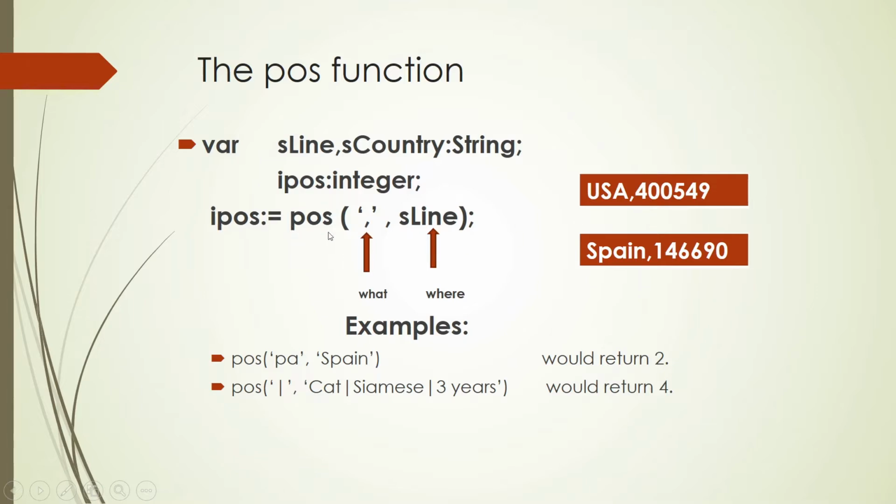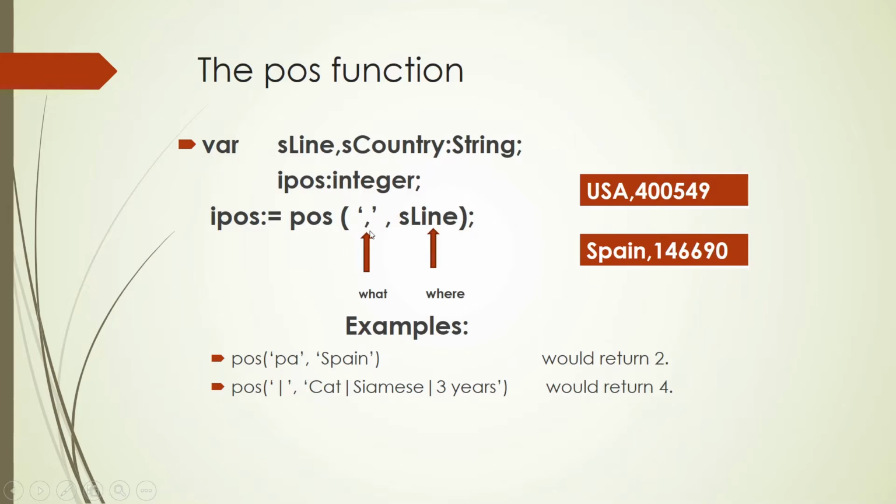So using pos, what am I searching for? I'm searching for the position of the comma. Where am I searching? I'm searching for the position of the comma in a variable called s-line, which is my string variable. So again, pos is called with two parameters.